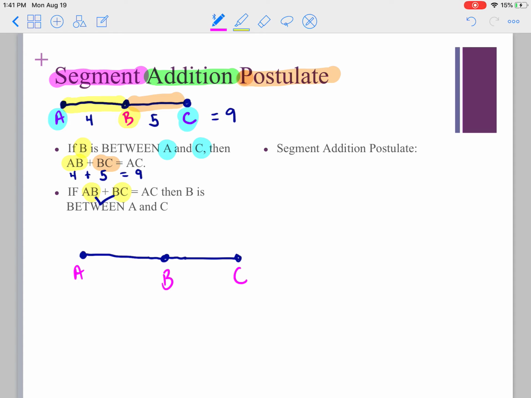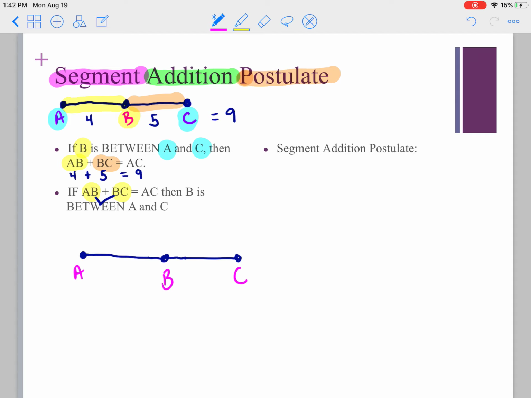We're dealing with segments, which means they have endpoints. They do not go on forever. We are adding parts of segments or smaller portions of segments to equal the larger segment. And it's a postulate, meaning that we can accept it without proof.